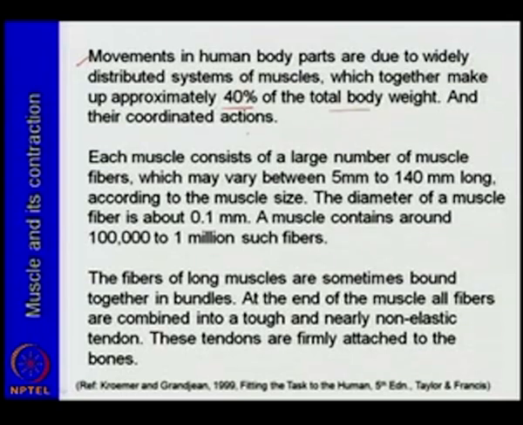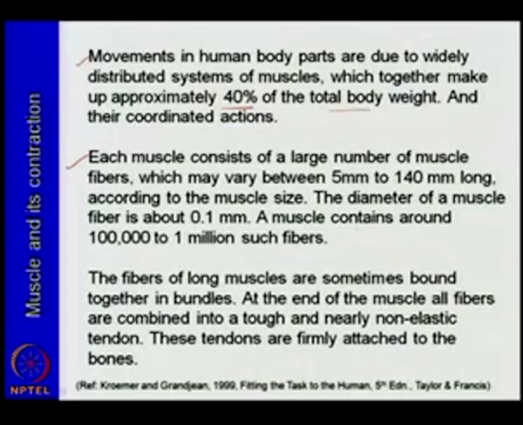Our skillful movement is due to the coordinated action of different muscles. Each muscle consists of a large number of muscle fibers, which may vary between 5 millimeter to 140 millimeter long according to the muscle size. The diameter of a muscle fiber is about 0.1 millimeter.